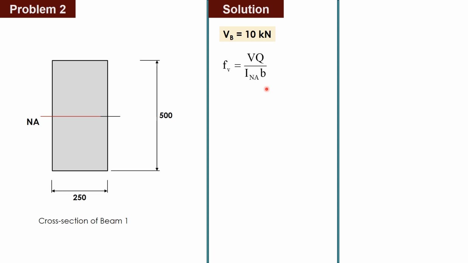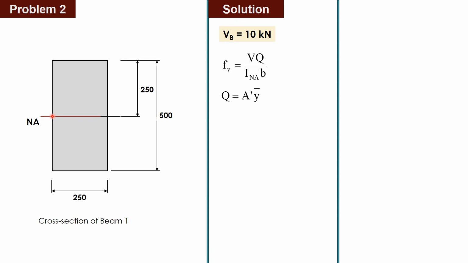So from here, solve natin yung Q, which is equivalent to the partial area A prime multiplied by bar Y. So this is the neutral axis, and based on the dimension of our cross-section, so this will be 250, and this is also 250, pero hindi ko na nilagay dito yung measurement.